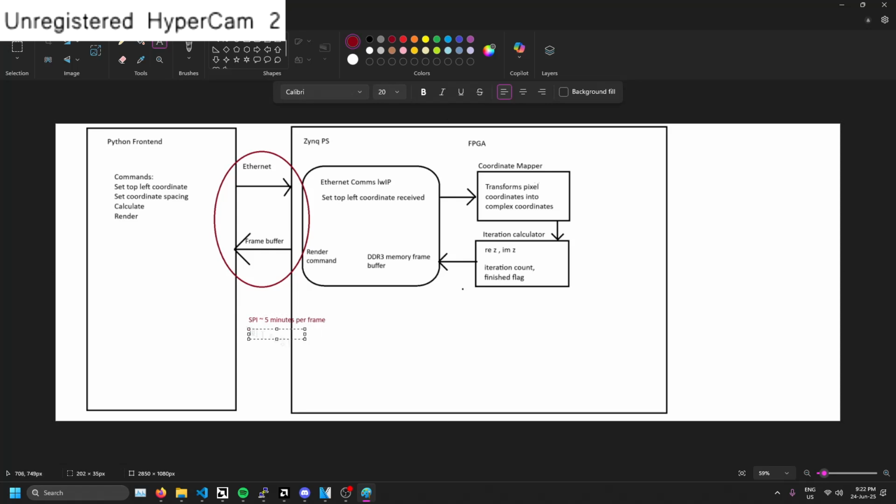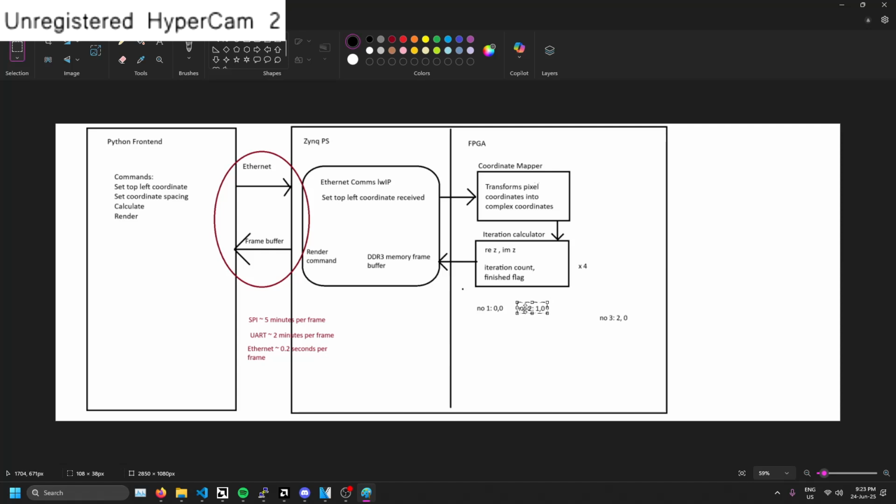Now I went with Ethernet because I tried previously with SPI and UART, and you could see that the frame transfer times there are abysmal. It's about 5 minutes per frame with SPI and 2 minutes for UART. Whereas with Ethernet, if I really crank the packet sizes, etc., I can get about 0.2 seconds per frame.